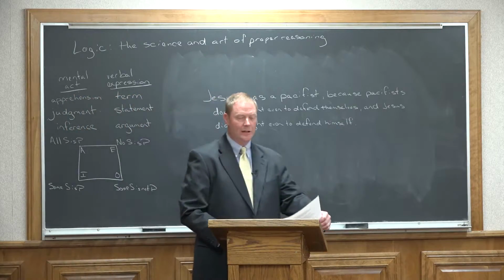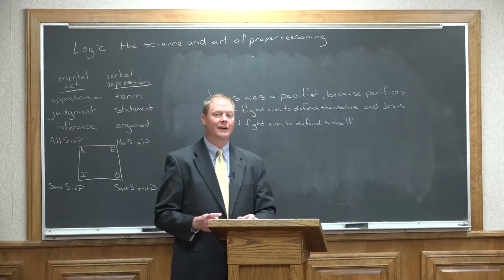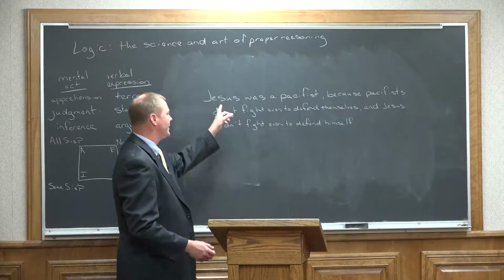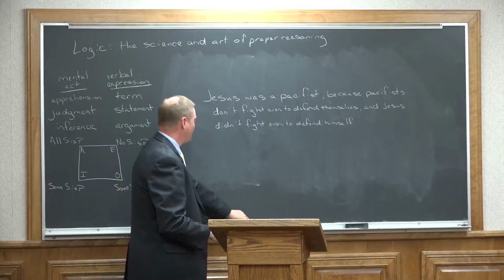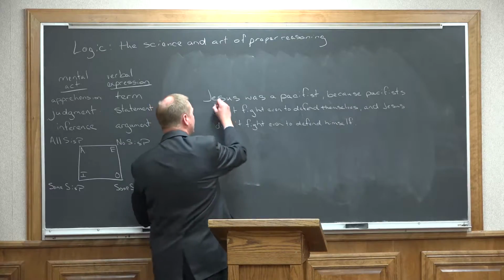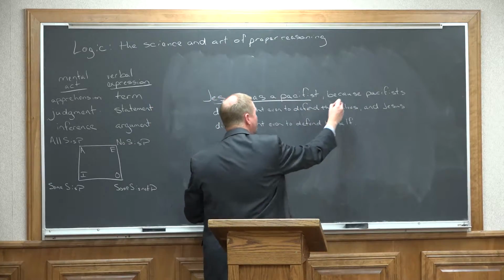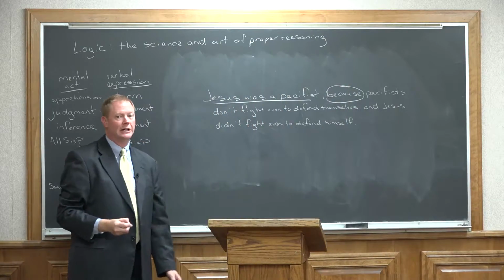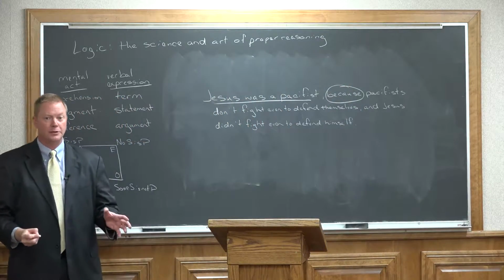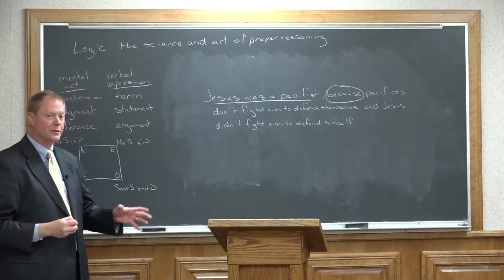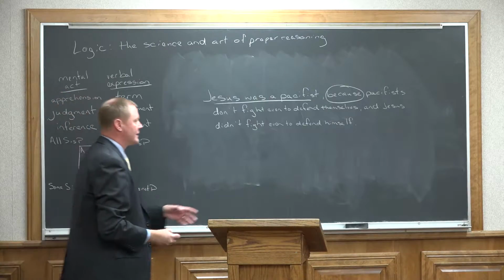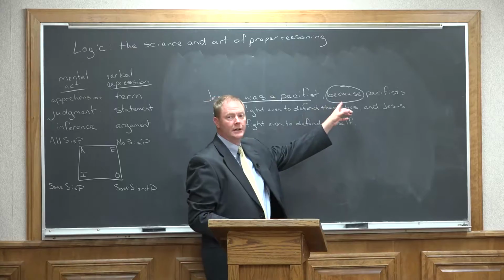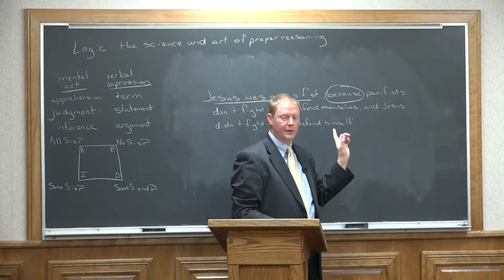Okay? Now again, we're looking for a rhetorically effective counterexample. Remember that this is the conclusion right here. And we know it's the conclusion because there's a premise identifier. You might remember in a previous lecture, we talked about the fact that the premise identifier will be followed by a premise.